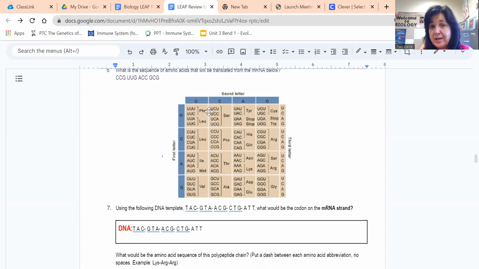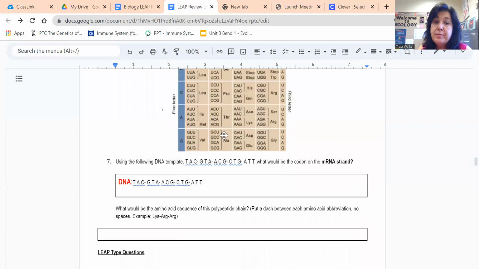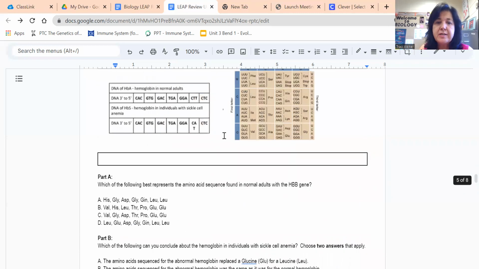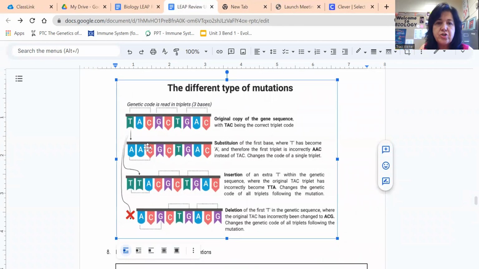So you can see here that UCU, UCC, UCA, and UCG all code for serine. So if there's just one nitrogenous base that's mixed up, it doesn't always cause the wrong amino acid to be put in the protein. Okay, but sometimes it does. So it just depends. So a substitution is just when one nitrogenous base is messed up, okay?